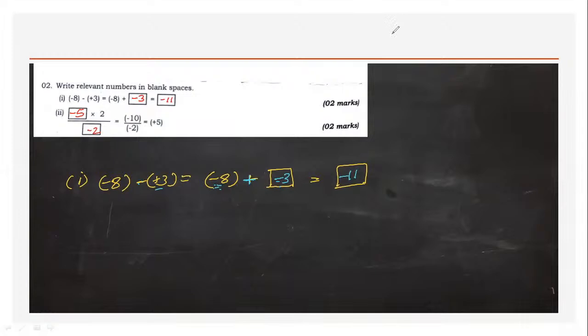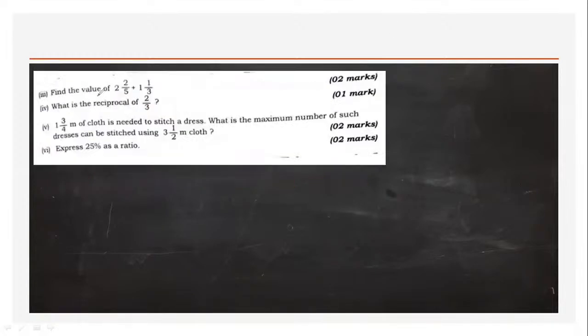Next question. Third part of this one, fractions. 2 and 2/5 plus 1 and 1/3. 5 times 2, 10 and 2, 12 over 5, plus 3 and 1, 4 over 3.